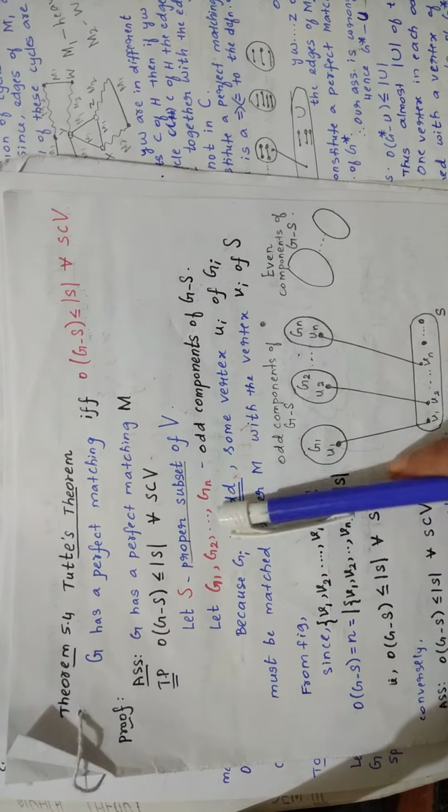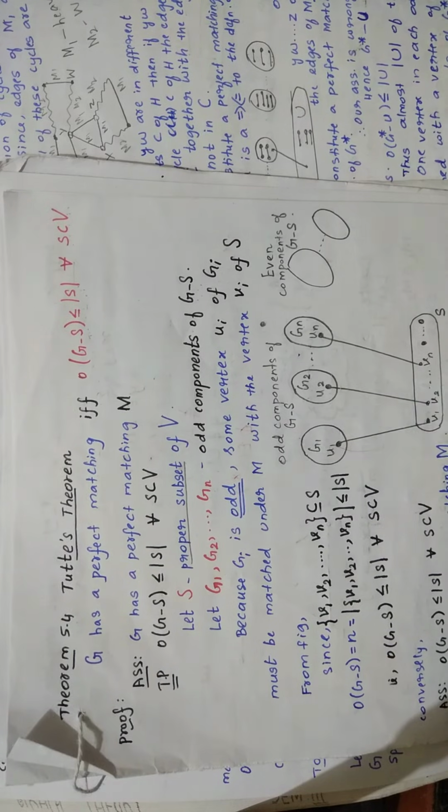Let G1, G2, etc. up to Gn be the odd components of G minus S.